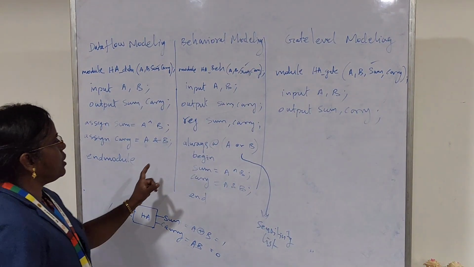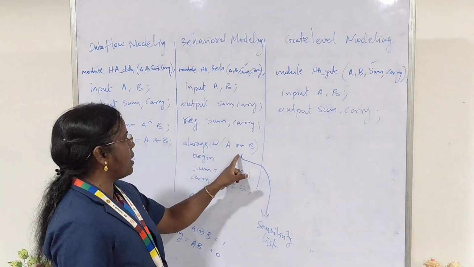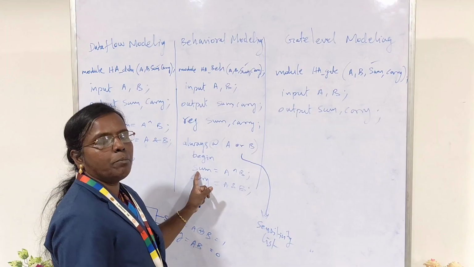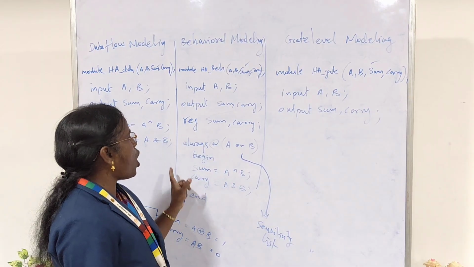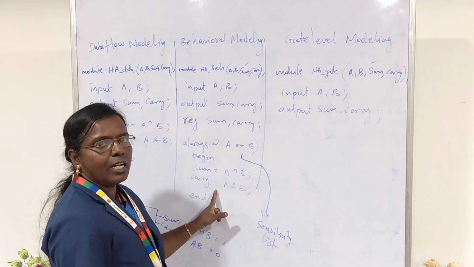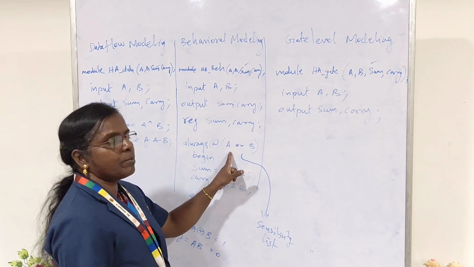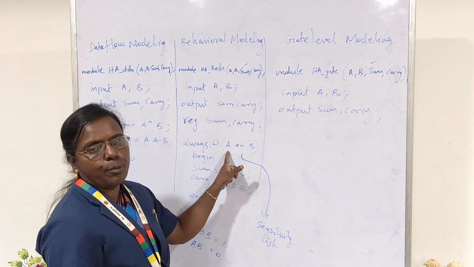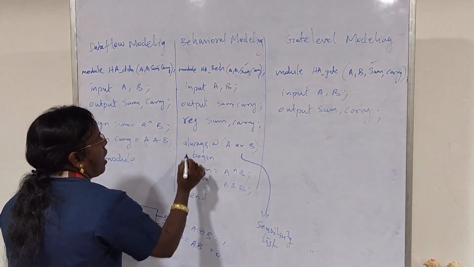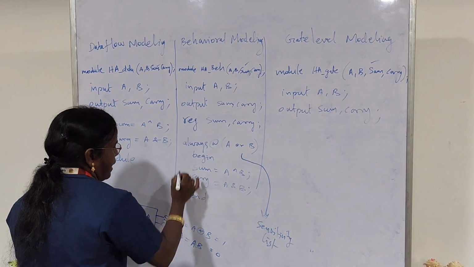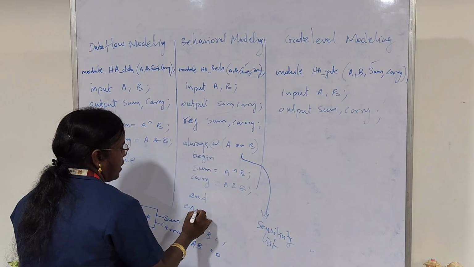Like that, for each and every possible value of A and B, my sum and carry values will get updated. So the always statement will be executed repeatedly until some new event occurs on the input variable A or B. Then we have to terminate the entire program with the keyword endmodule.